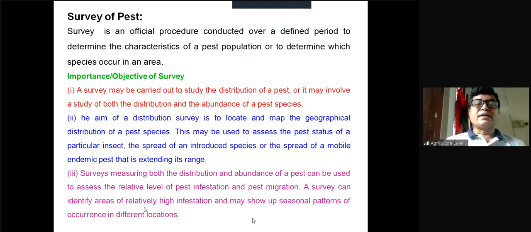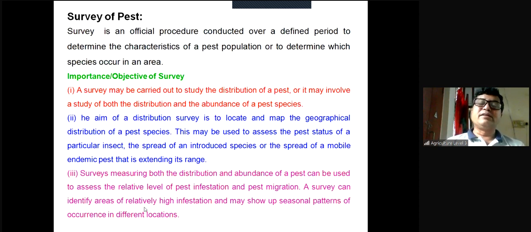Number three, surveys measuring both the distribution and the abundance of a pest can be used to assess the relative level of pest infestation and pest migration. So surveys allow us to know the distribution and abundance of the pest species, by which we can assess the relative pest infestation, because infestation is related to the number of the insect pest.